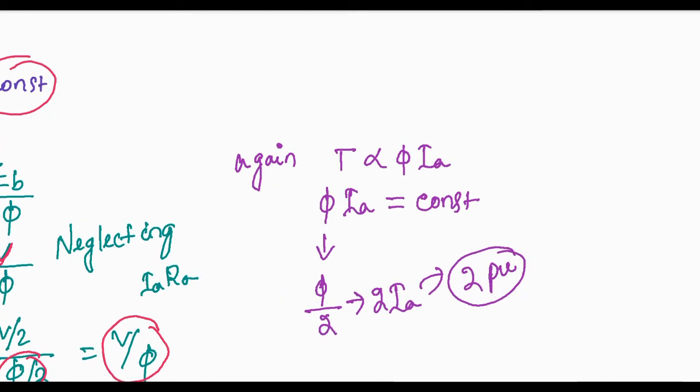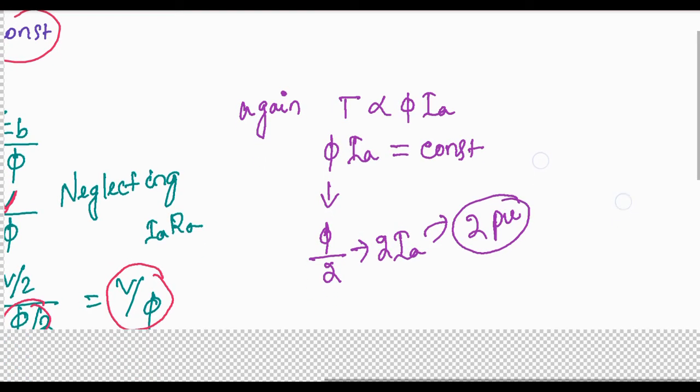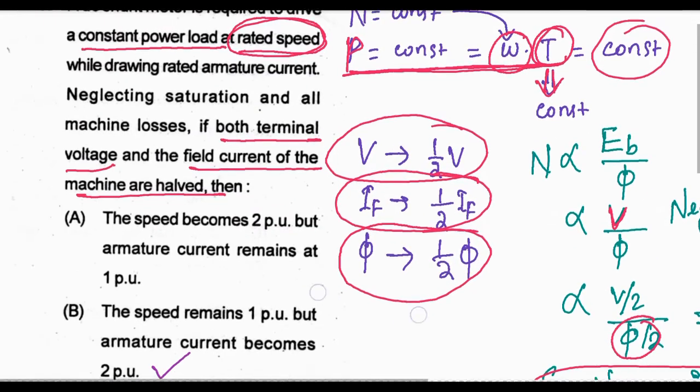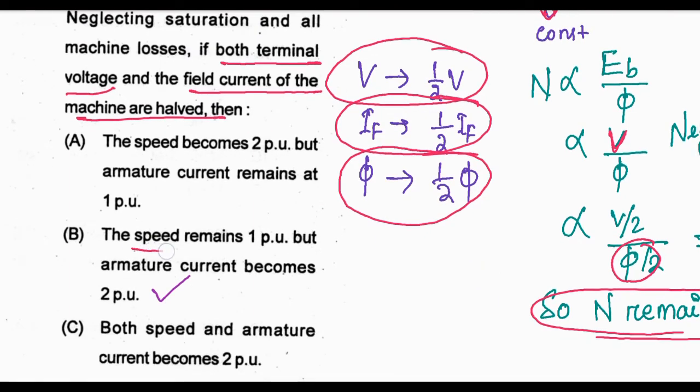Phi into Ia will be constant and phi is half in the second case, so Ia should be 2 times to maintain torque constant, that is 2 per unit. So the answer is speed remains 1 per unit, that means constant, but armature current becomes 2 per unit, that means 2 times. Option B is the correct answer.